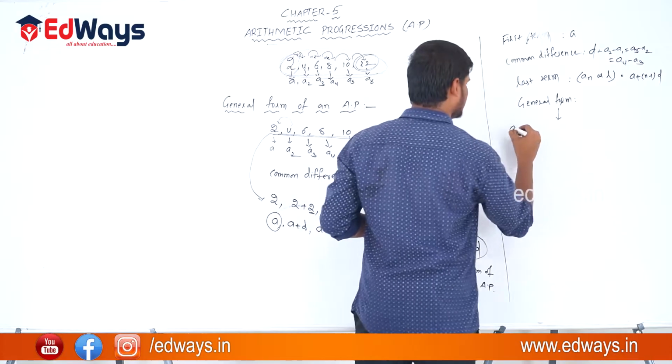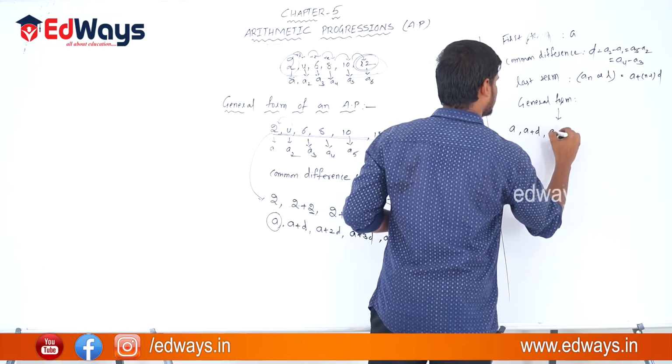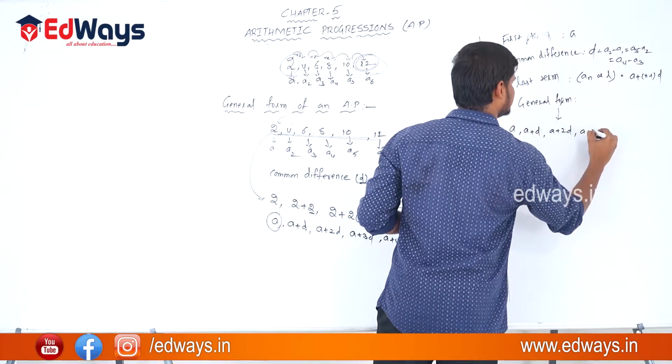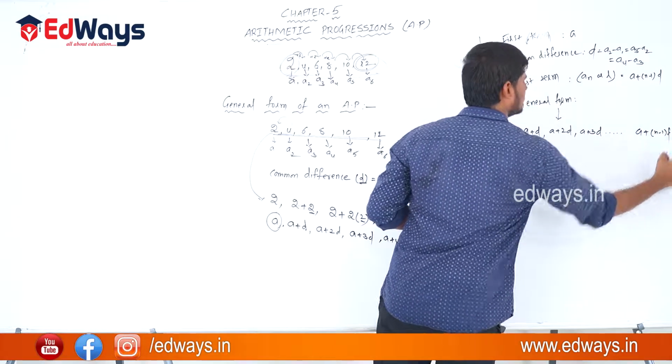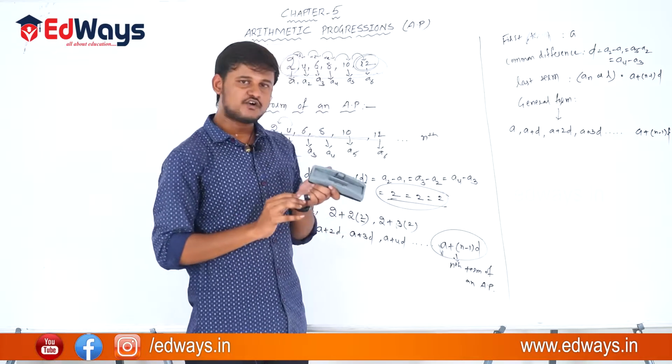That is nothing but A, A plus D, A plus 2D, A plus 3D, till A plus (n minus 1) times D. So this is the general form of AP.